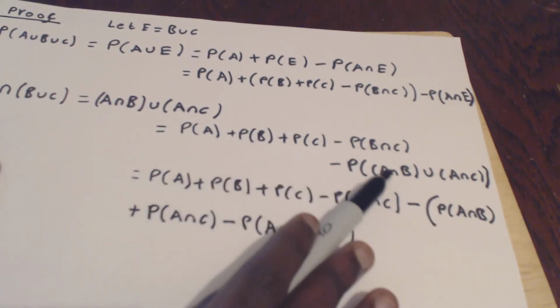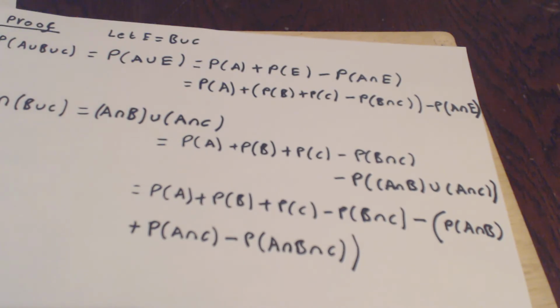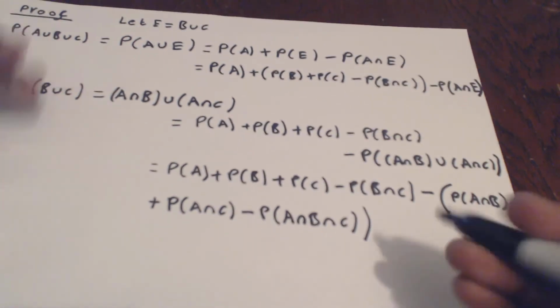If not, use F and G as I did, and then substitute A intersection B and A intersection C back in, and you'll get to this anyway.